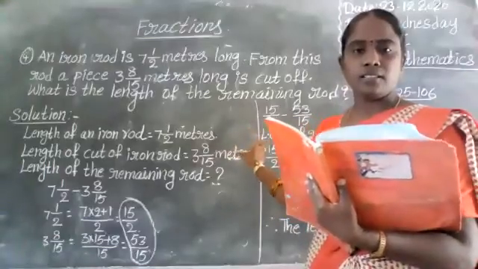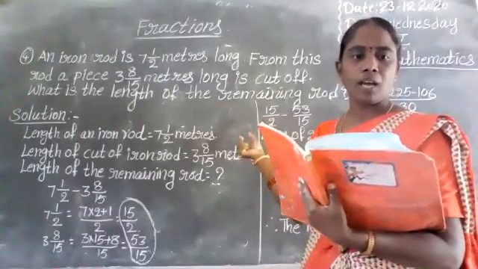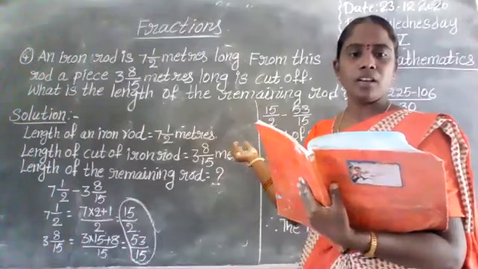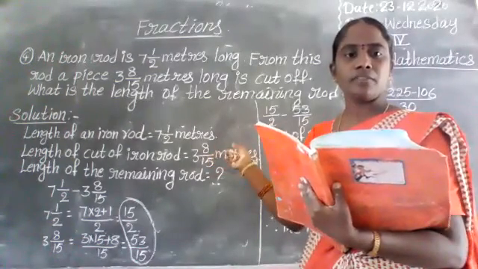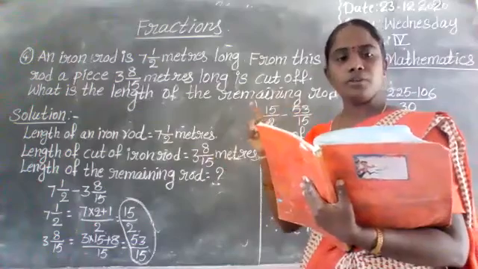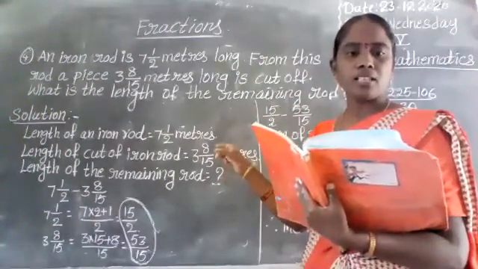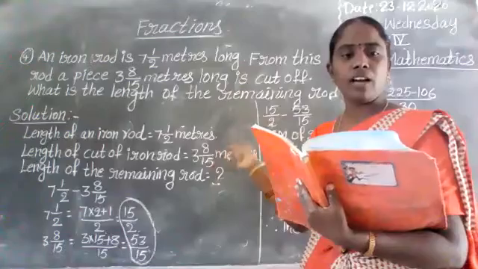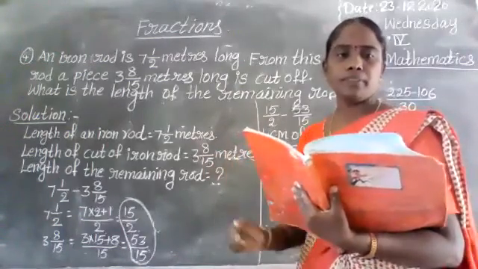I hope you understand; we explained in some previous class notes. First, look at the given fractions. You have to think whether to change them into improper fractions, or if unlike fractions are given, change them into like fractions. After that we do subtraction. Okay.